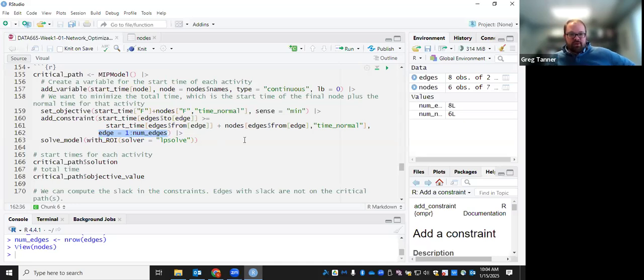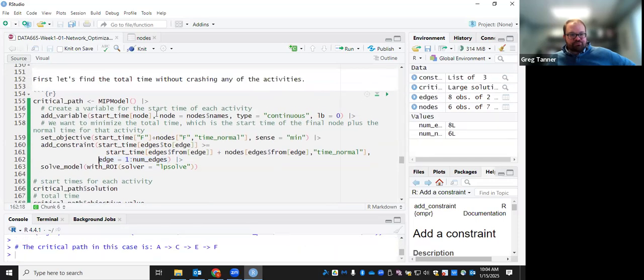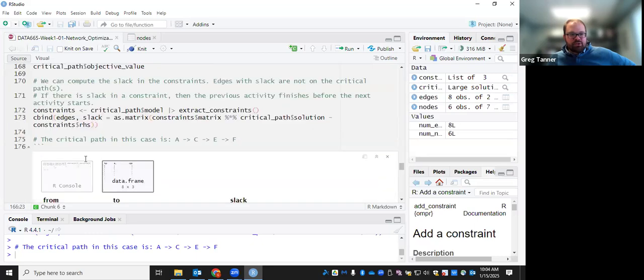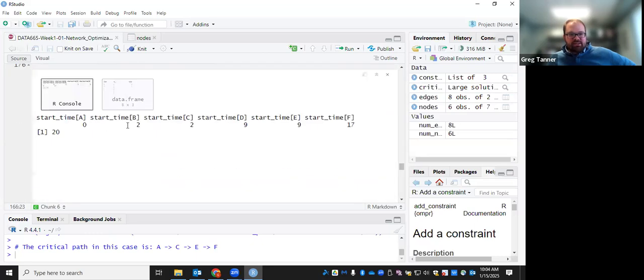And then we can go ahead and solve it with ROI. And if we do that, we'll get a couple things out. So the solution will give us the start times for each of the activities, which match up with what we did on paper. But this is a good check that we can start activity A right at the beginning. Interesting to note, right?